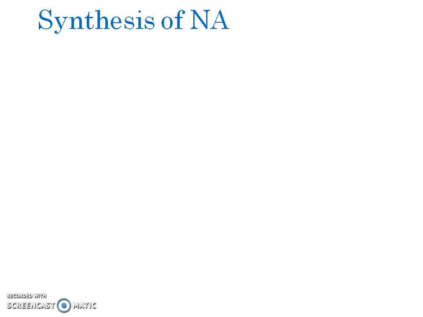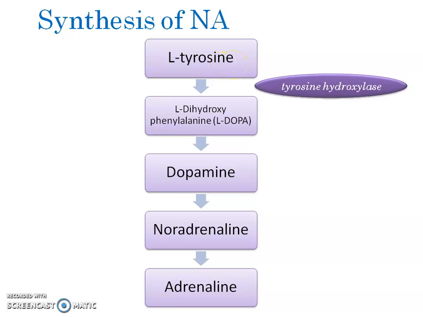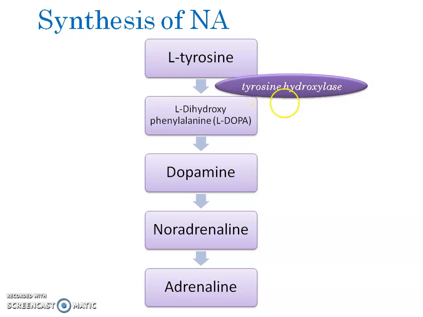All the transmitters within the body are produced or synthesized from the main amino acids. So here, the synthesis of noradrenaline starts from the amino acid L-tyrosine. This tyrosine gets hydroxylated with the help of the tyrosine hydroxylase enzyme and gets converted into L-dihydroxyphenylalanine, DOPA.